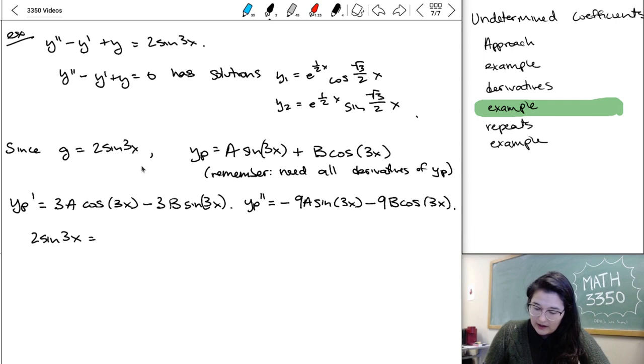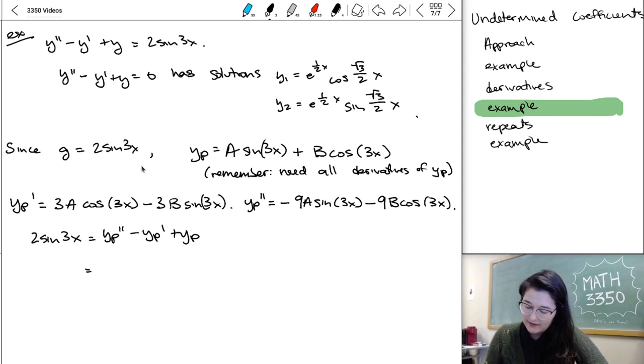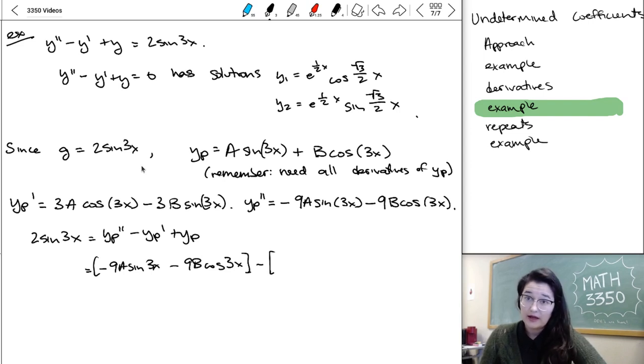So I need my yp double prime minus yp prime plus yp. So my yp double prime is minus 9a sine 3x minus 9b cosine 3x. My yp prime is take away 3a cosine 3x minus 3b sine 3x.